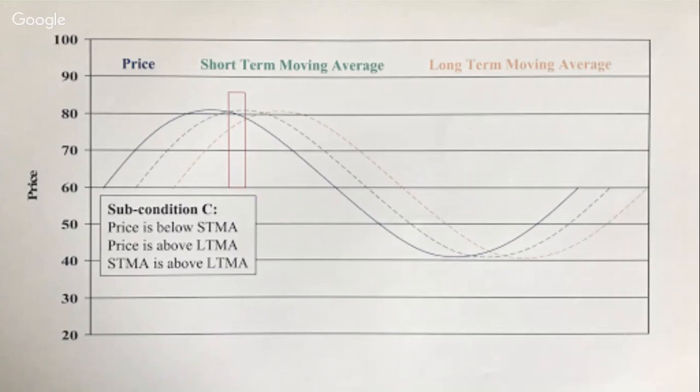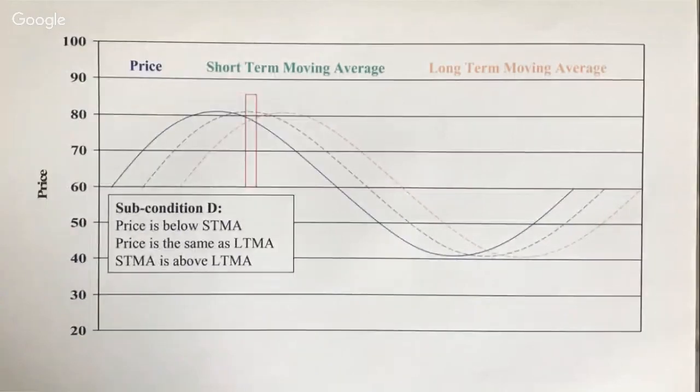Well, the price is in a downtrend. The long-term moving average is in an uptrend, and the short-term moving average is flattening out. You can just see that visually if you look closely. I apologize that it's a kind of a faint chart. And we'll try to correct that. Let's go to the next possible combination of these variables.